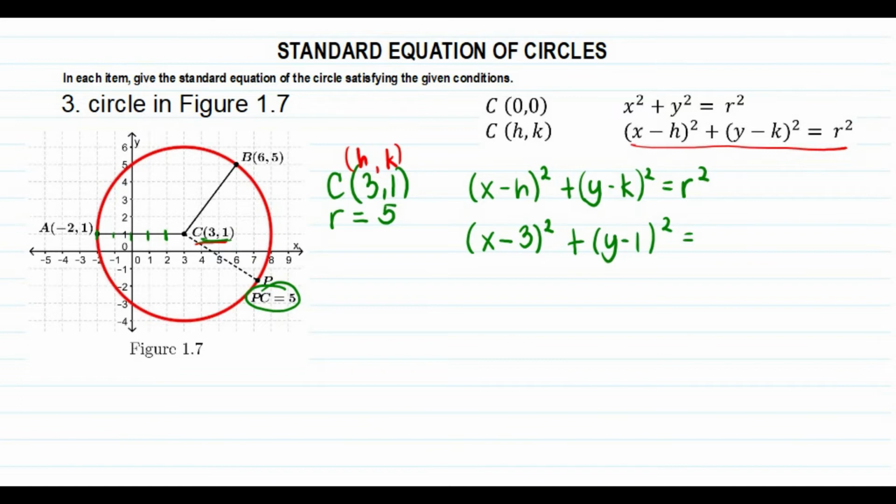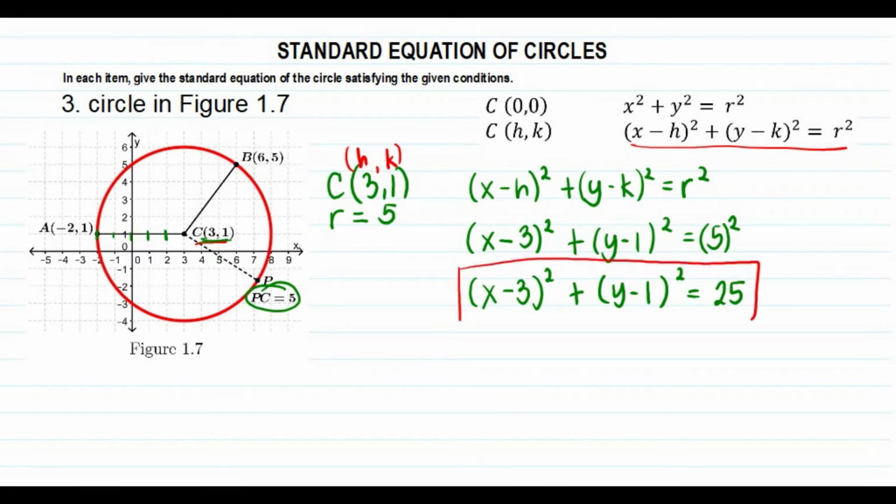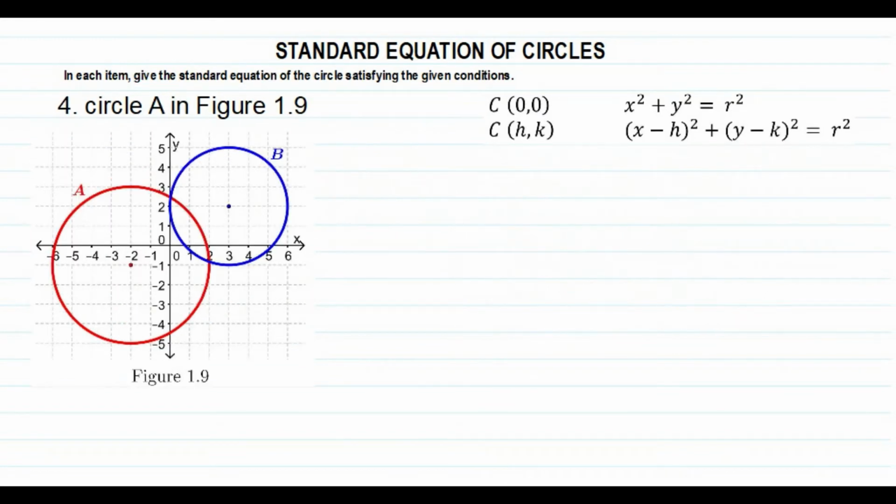Our r is 5 squared. And the final answer is the squared of x minus 3 plus the squared of y minus 1 equals 25. In this example, you do not need to graph it anymore kasi nandiyan naman na sa figure. Okay? Next example. I hope na iintindihan ninyo, nakakasabay kayo.